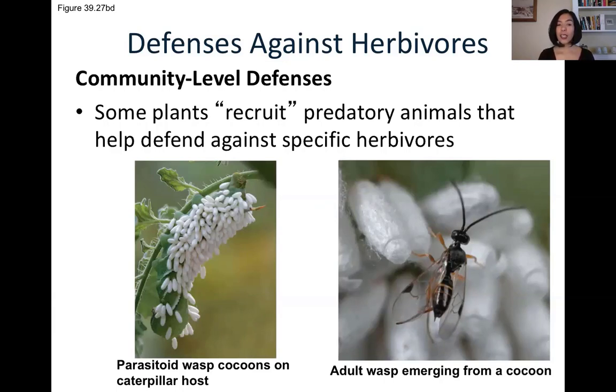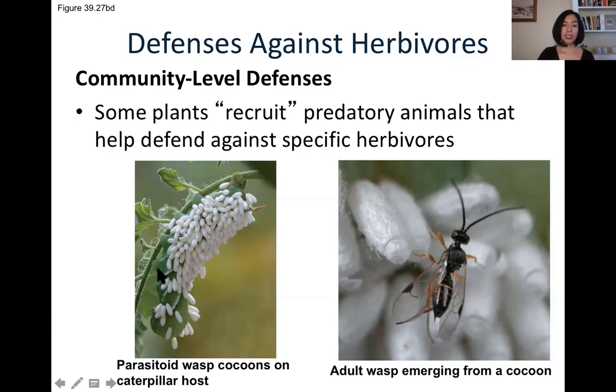However, it doesn't confer resistance against some of the wasps. And what is cooler is that the plant will produce a chemical to attract the wasp. The wasps are parasitoids, and they are going to come here and deposit the eggs on these larvae.